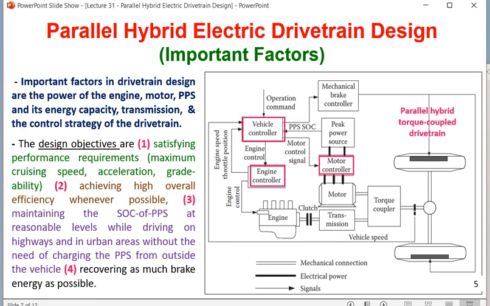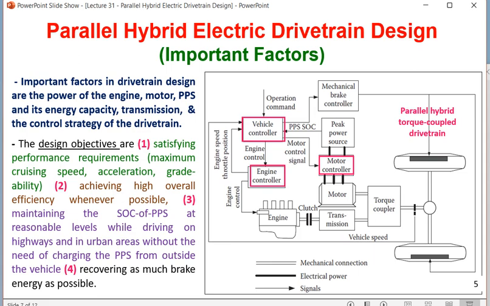Second thing, achieving high overall efficiency whenever possible. So efficiency means highest amount of displacement from one place to another with lowest amount of fuel and lowest amount of energy from the peaking power source. So we are going to spend least stored energy, and we are going to cover the maximum length while driving.